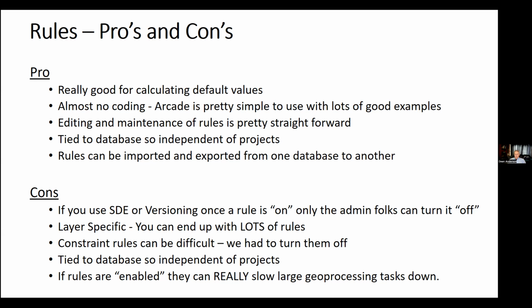For example, if I'm appending 5,000 tax lots to a database and I have the tax lots rules turned on, every single polygon is going to implement the rules, and it really slows the process down. So whenever you're going to do larger geoprocessing tasks that impact layers that have rules, turn the rules off. That's just something we ran into.